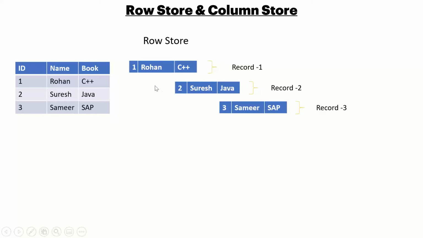So now let's throw a query to this. Okay, so I want to see how many or what are the books which have been borrowed. Okay, I don't want the names, I don't want the IDs. I just want to see how many books or what are the books which have been borrowed. So for processing this query, the processor or the parser has to go through all three records here, right? Because the name of the book is contained in all the three records.